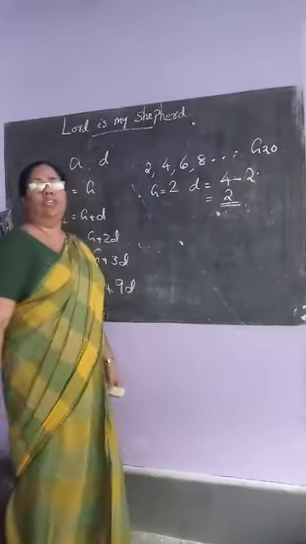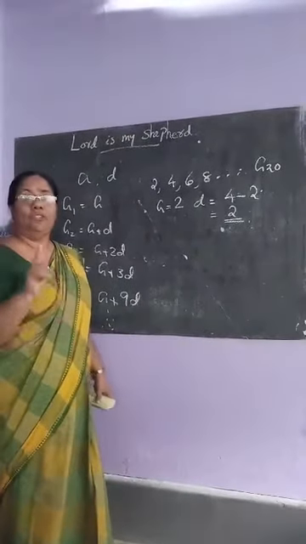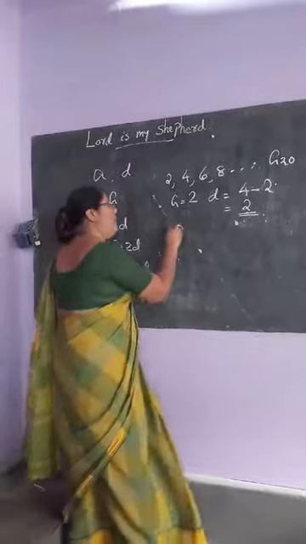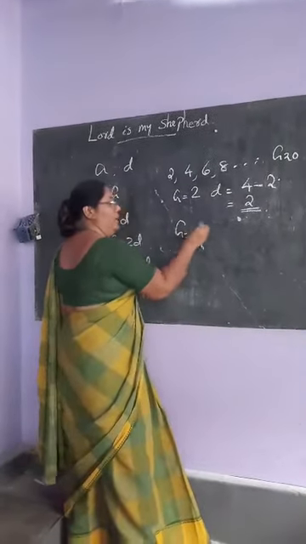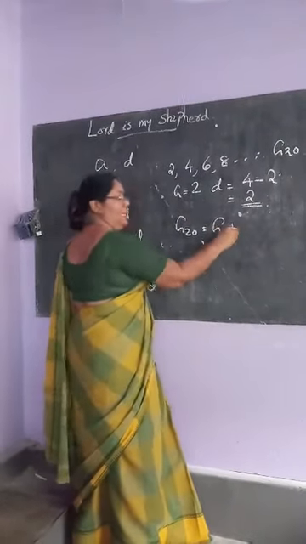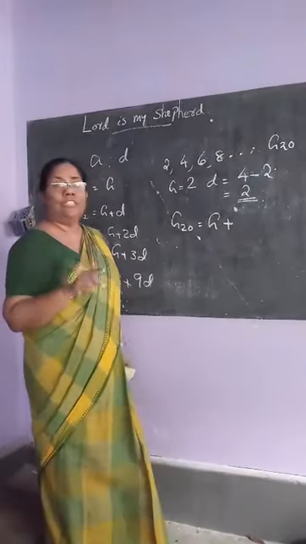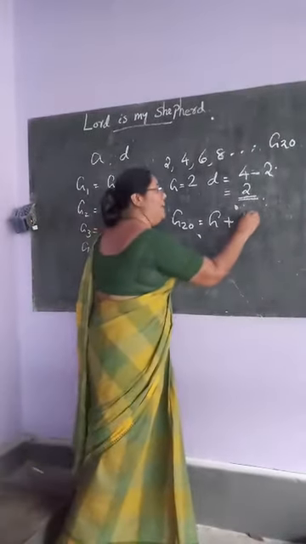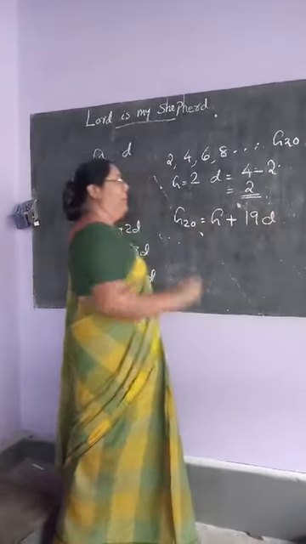What is A20? Find the 20th term of the arithmetic progression. What's the formula? A20 means A plus (20 minus 1) into D. That is A plus 19D.